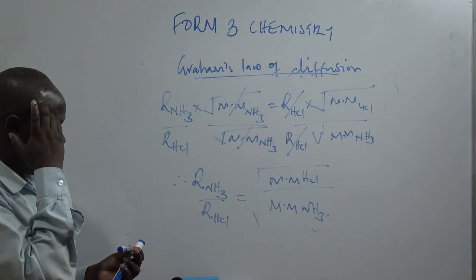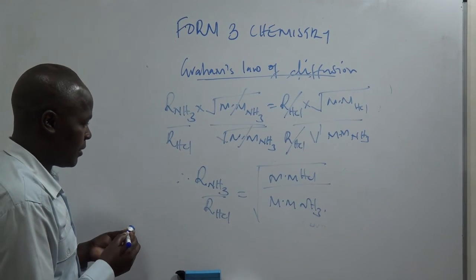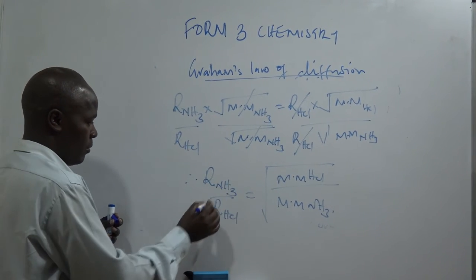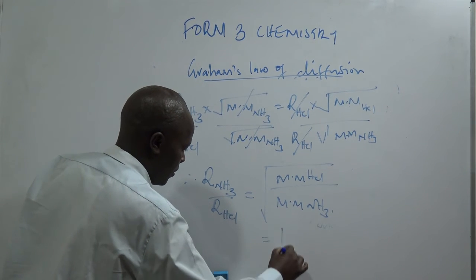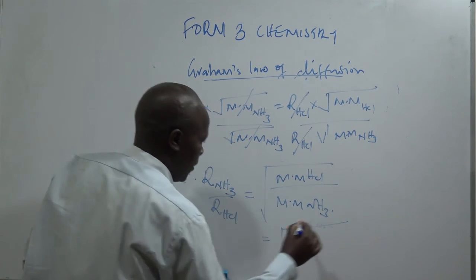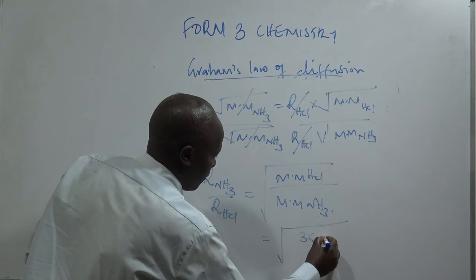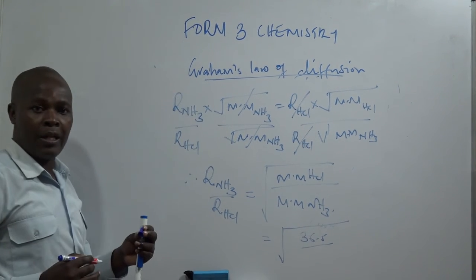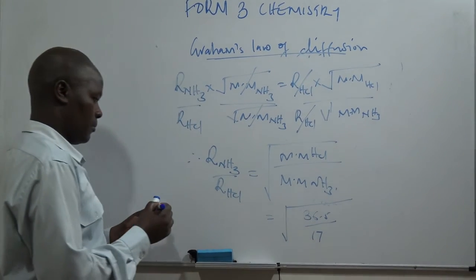Now, let us compare the rate of diffusion of these two gases. If we have already had this, we can now substitute. So the rate of diffusion of ammonia gas over the rate of diffusion of HCl is equivalent to the square root of the molecular mass of HCl, which was found to be 36.5, over the molecular mass of ammonia, which is 17.